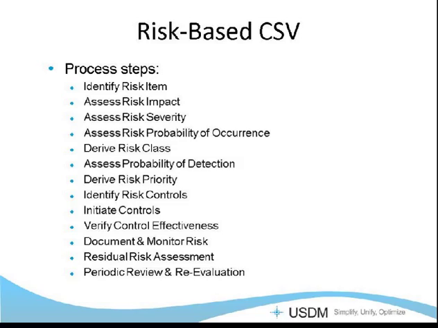Initiate the controls, which can include validation testing. Verify how effective your controls are. Document and monitor the risk. So keep looking, keep watching. You want to track and trend the highest risk items. Is there any residual risk? So after you implement the mitigation, something that really couldn't be controlled, can pieces of it be controlled? And again, periodically review and reevaluate.